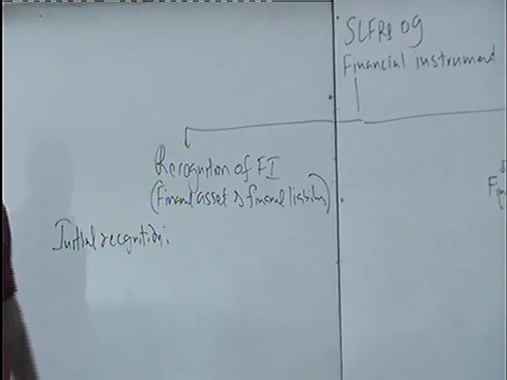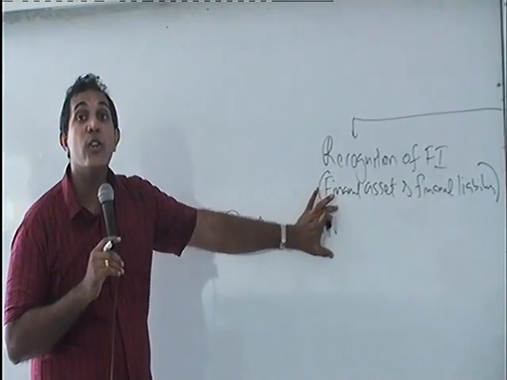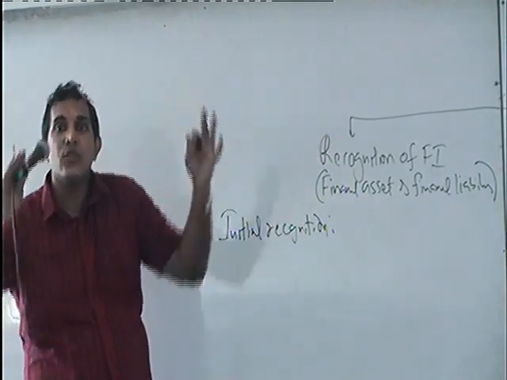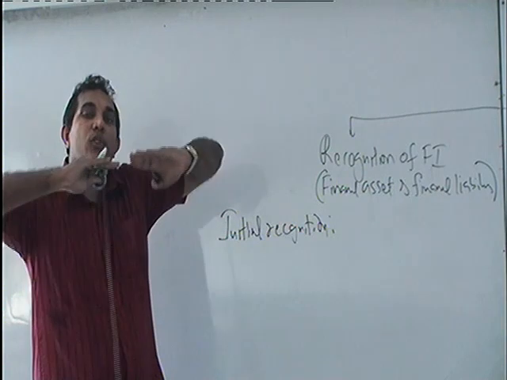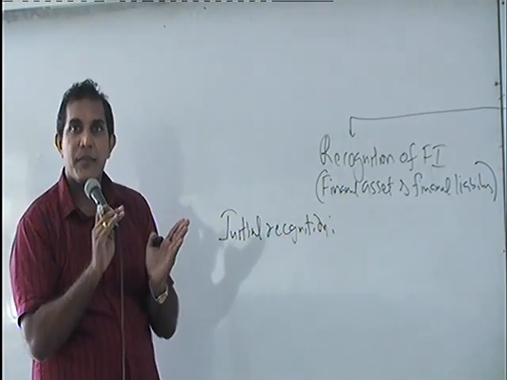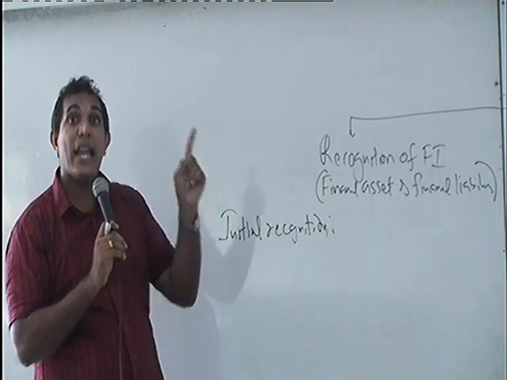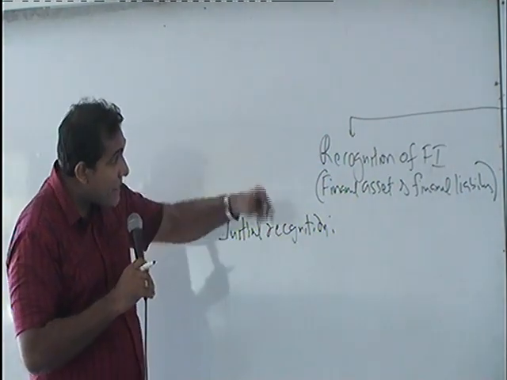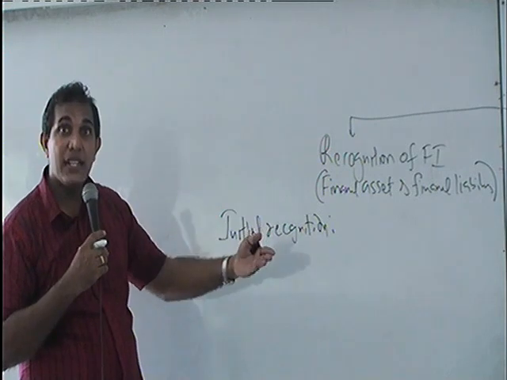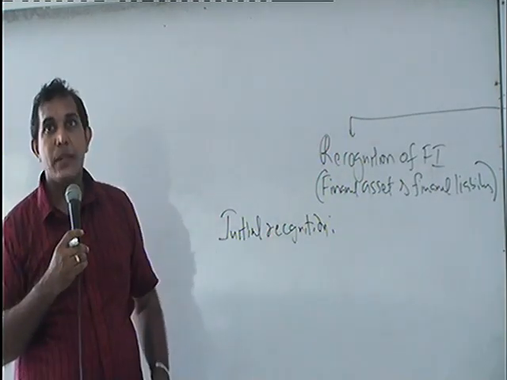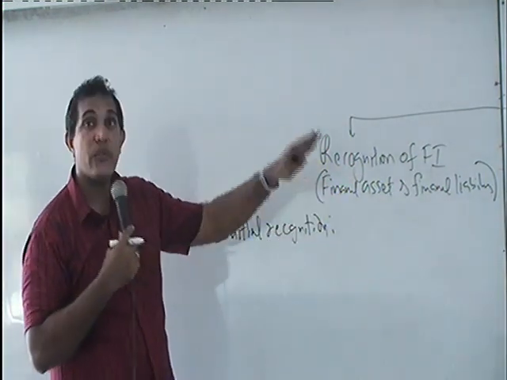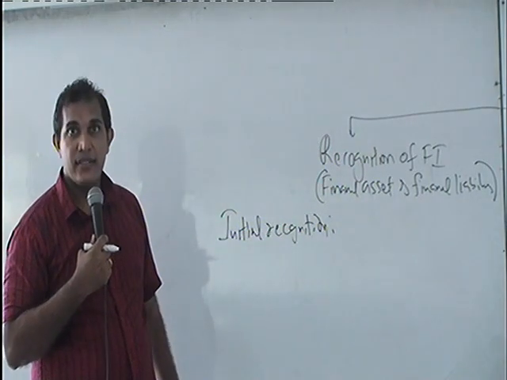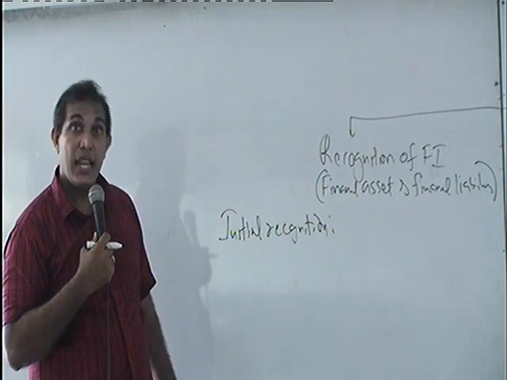How are we going to recognize initially? As you already know, there is a contractual arrangement. There are two parties basically. Based on the contractual arrangement, if they become parties to the contractual arrangement on that particular date, they can recognize financial assets as well as financial liabilities.